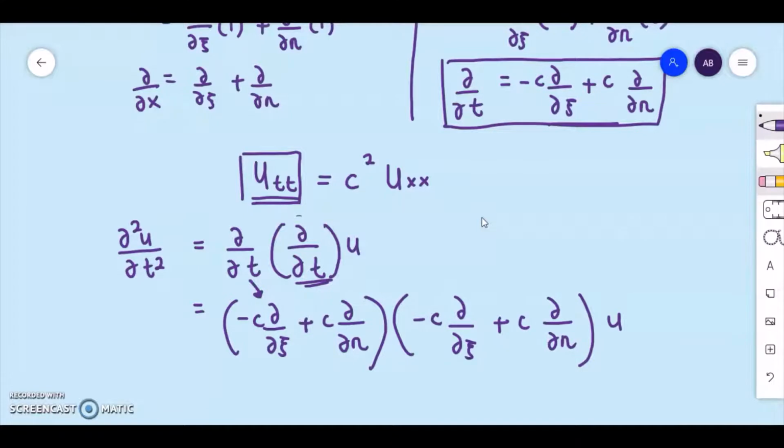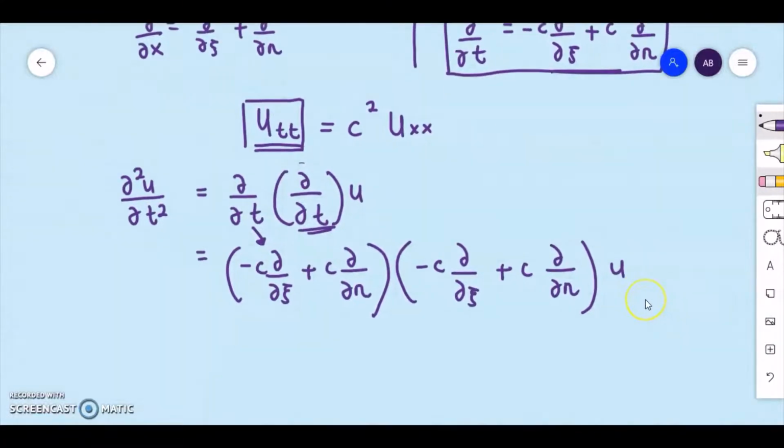Okay, we have to be careful when we want to expand this, because of this u term. Obviously you have to multiply this term here and expand, so it will end up with something like this: c squared partial squared u over partial xi squared minus 2c squared partial squared u over partial xi partial eta.